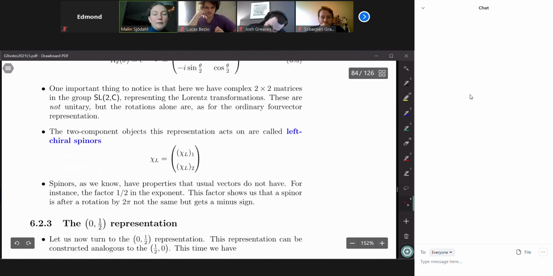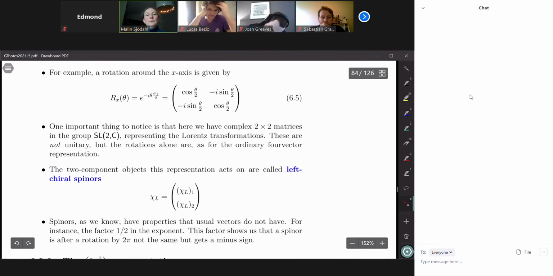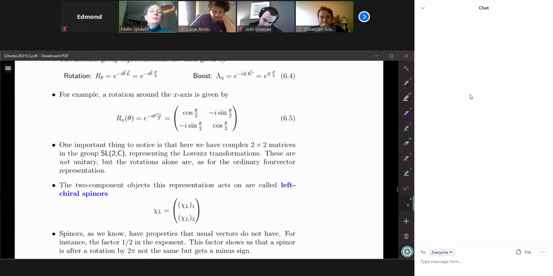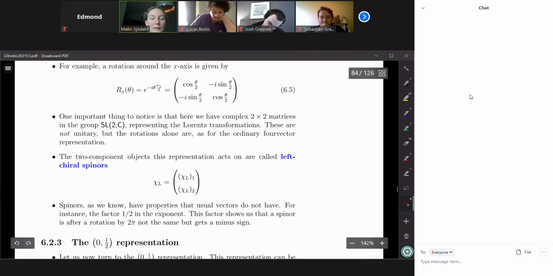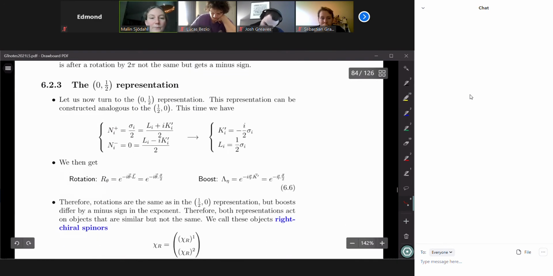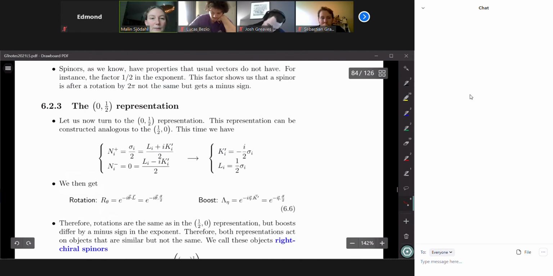An important thing to notice here is that in this representation we have this factor of a half. So this means that we have to rotate 4 pi before we get back to the starting point. And this is an inherent property of the representations of the Lorentz group, that we can have such a representation.